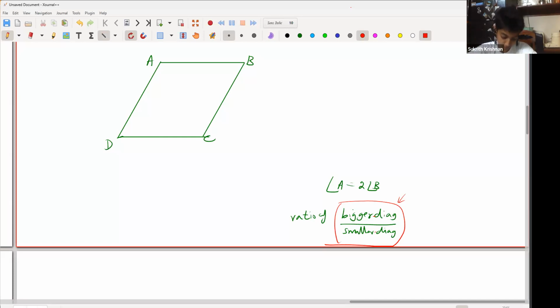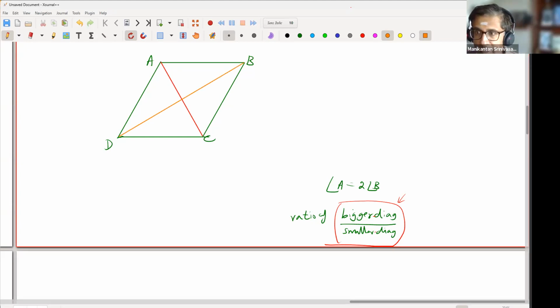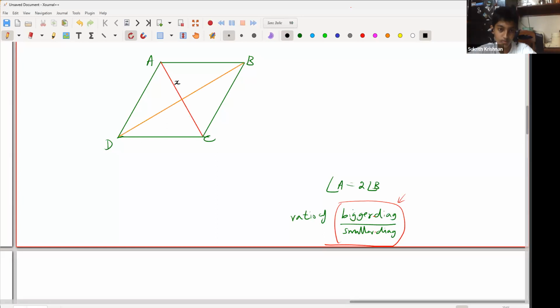So that everyone is on the same page, he drew this diagonal and then he drew this diagonal. Sukrit, you are calling this portion x and therefore this portion x, is that what you're doing? Yes, sir. Okay, all right. Continue, please.